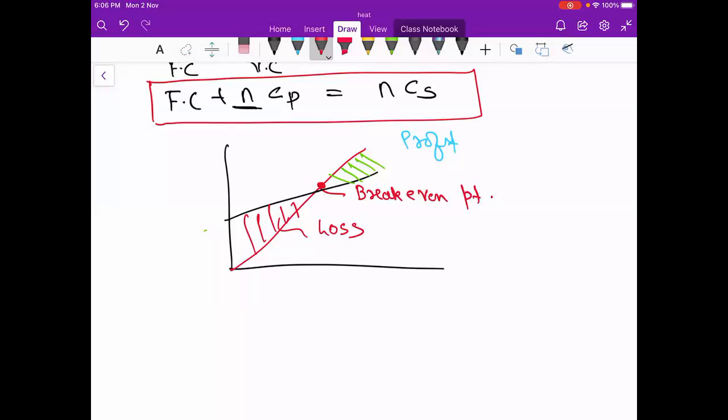Then you will think of profit, because after that every rupee you get is profit, but before that every rupee is a loss for you. Suppose you have invested 20,000 rupees, you want that 20,000 rupees back first, because after that there will be profit in your system, and before that it will be a loss.